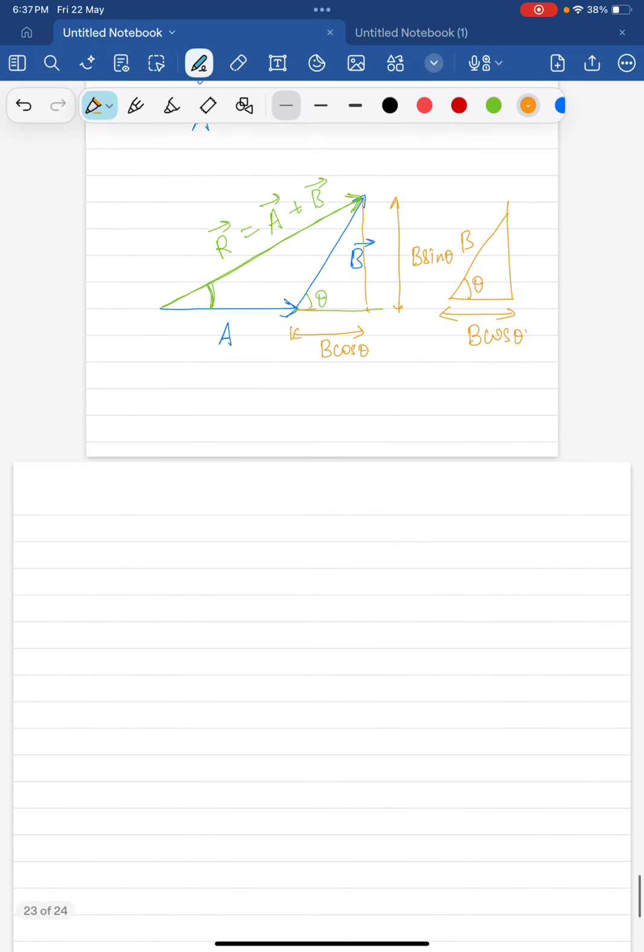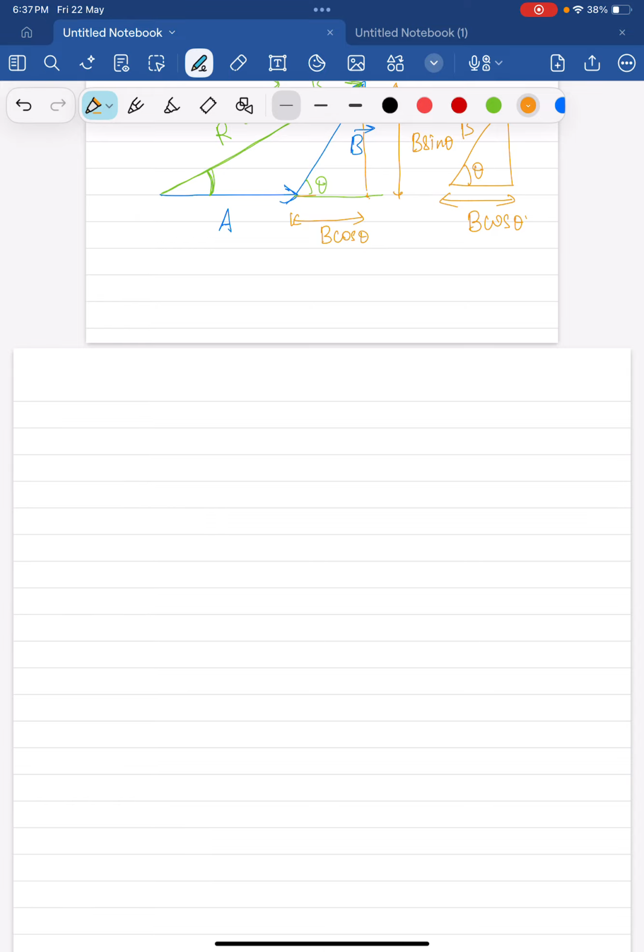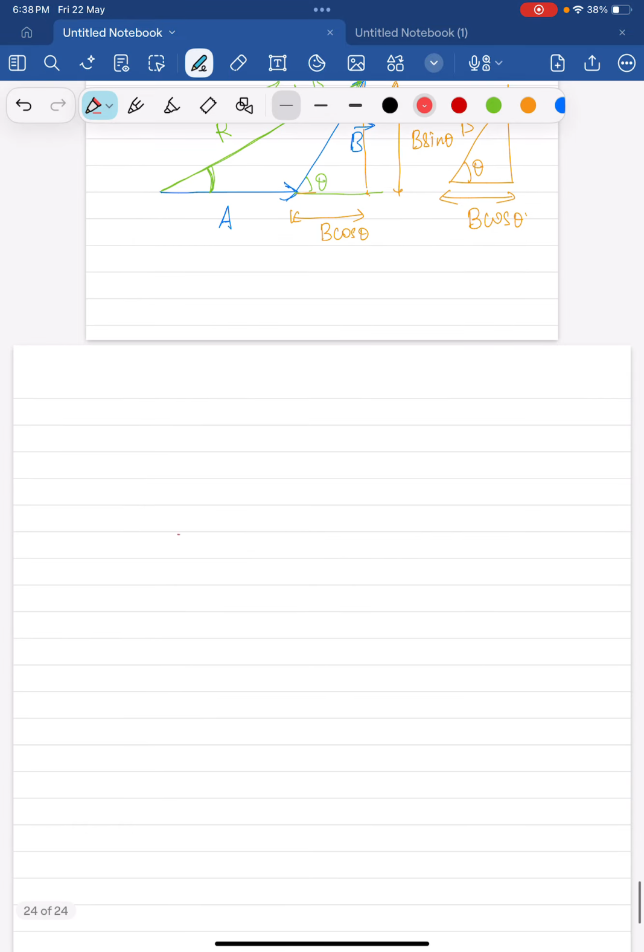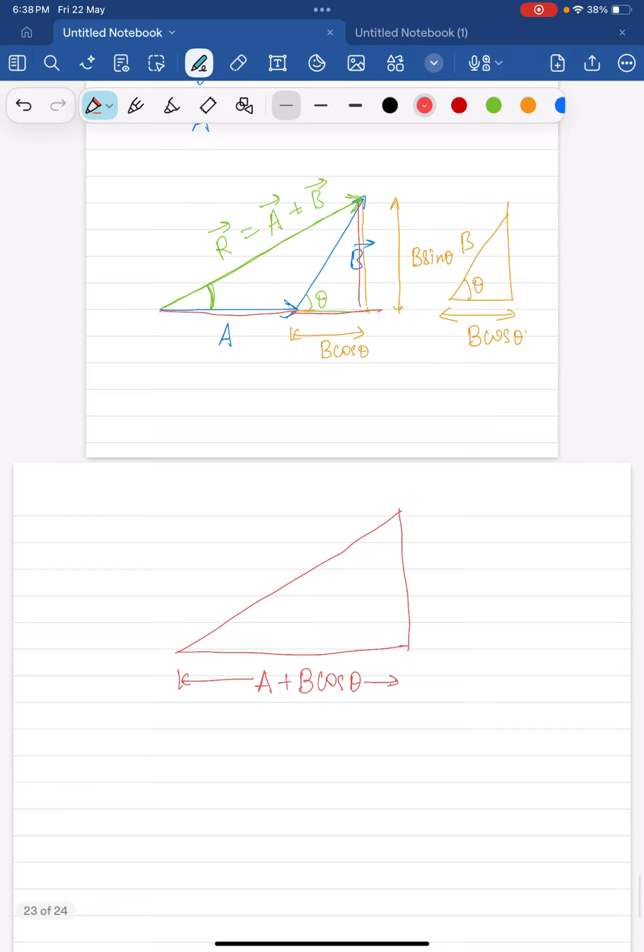Now we have a right angle triangle in which the length of this side is A plus B cos theta, and the length of this side is B sin theta.